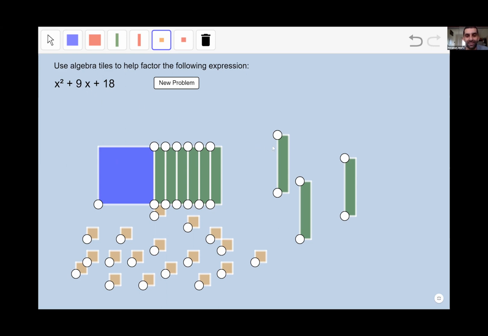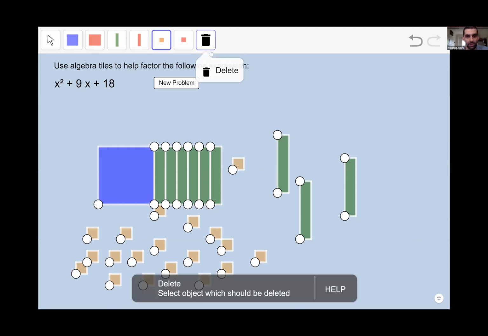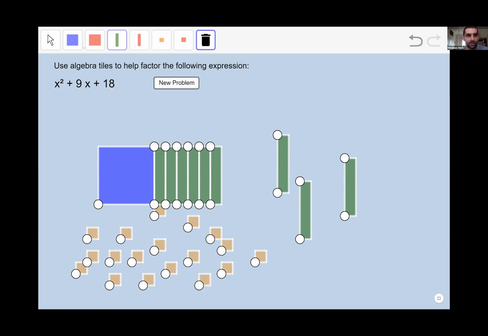All right, now what I need to do basically is try and make this area into a perfect rectangle. All right, so I have my X. Now there's two ways I can make these X's. I can put them all over here and then try and get them to line up to 18, or I can turn these around. Oops, let me delete that one. Now I have 19.